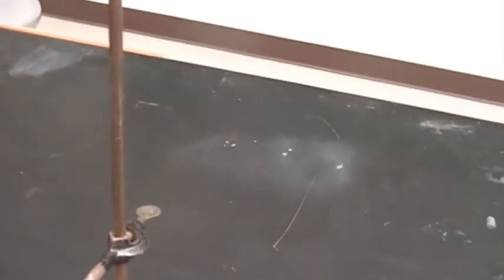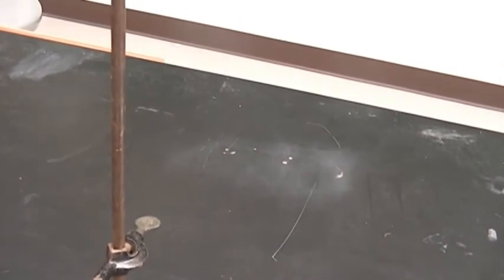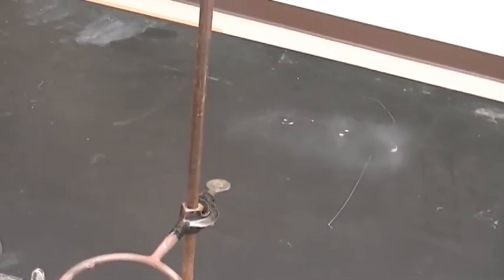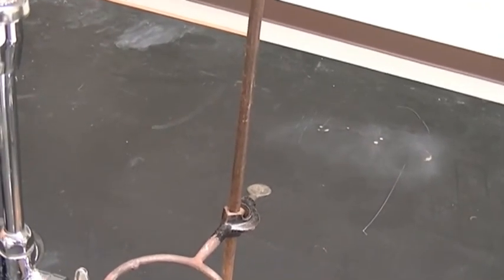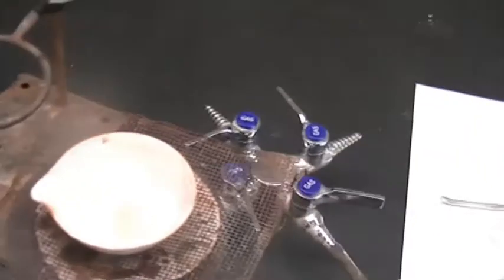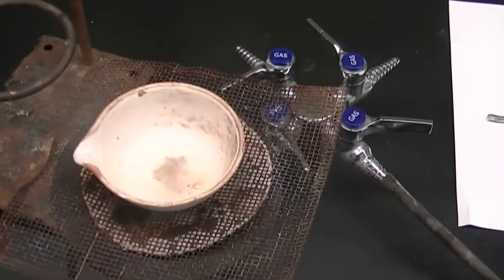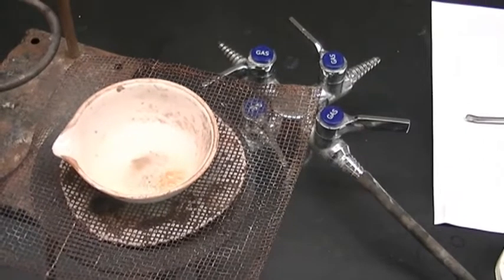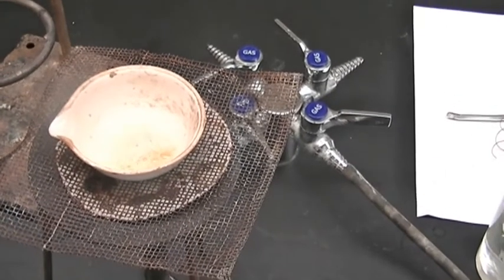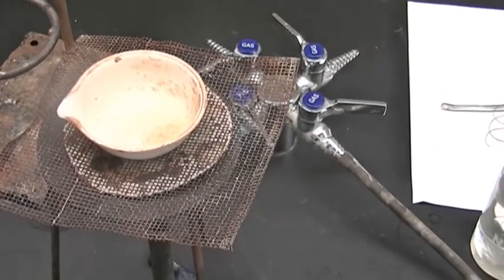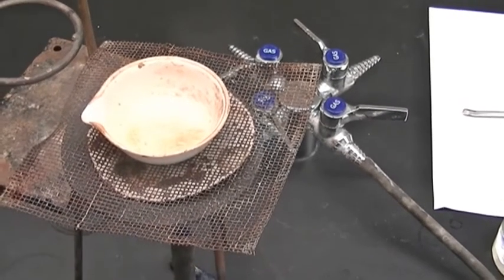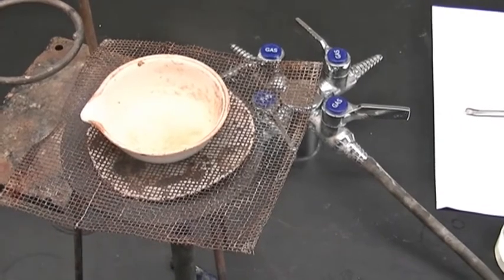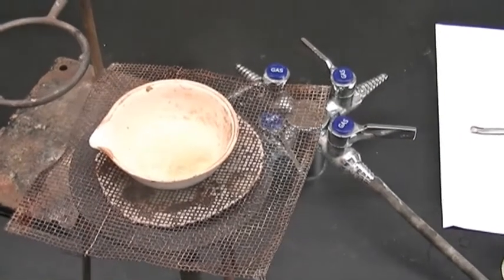Again, we don't want it too hot. All right, so you can see that it is now reacting. Now, when the bubbles are coming out, that is NO. The NO reacts with oxygen in air to form that brown NO2, which is a poisonous gas, so I'm holding my breath now.